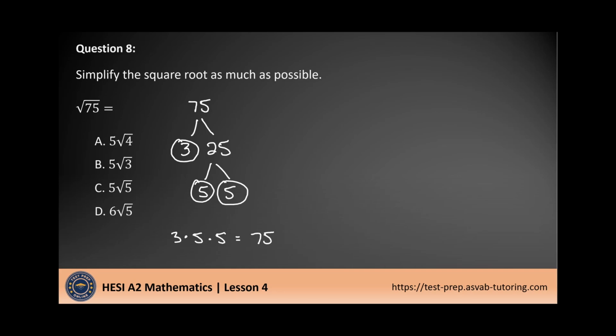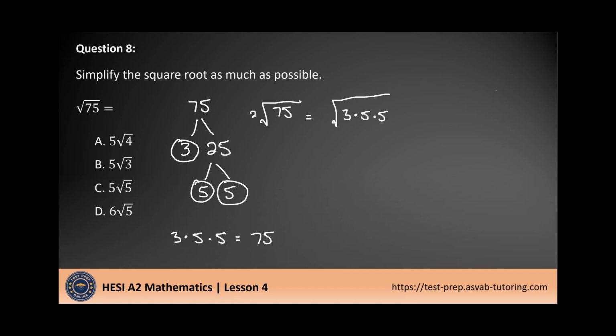So we can rewrite the square root of 75 as the square root of 3 times 5 times 5. Remember there's nothing outside of the radical, so it's a square root.